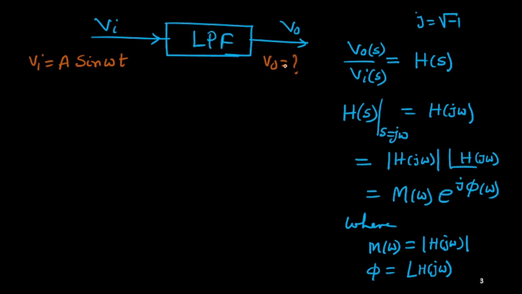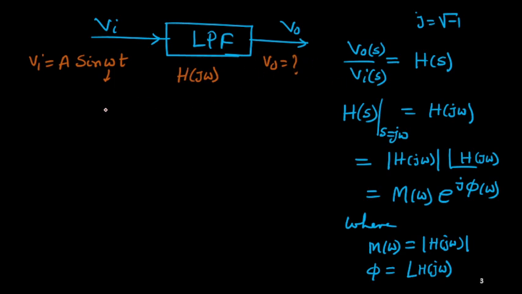If I apply one pure sinusoidal signal with frequency omega, then what would be the corresponding output for any system, not only a low pass filter? If H of j omega or H of s is provided, that will characterize the system.